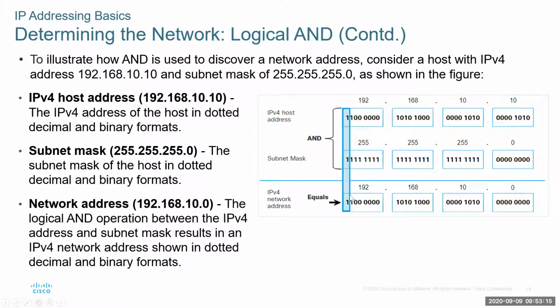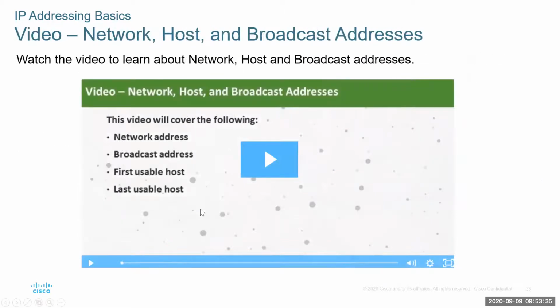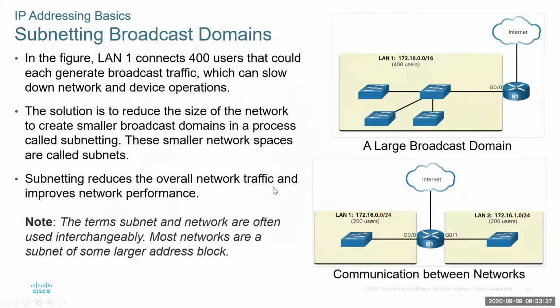The only time you get ones down here is if there's a 1 here and a 1 in this field, and then you get a 1 down here. So again, this is going to be your network address, which is the 192.168.10.0 network. And again, the videos that they have are fantastic for describing that in further detail.